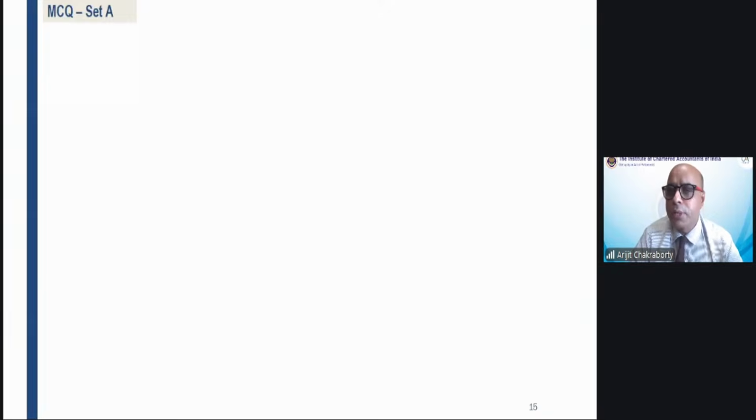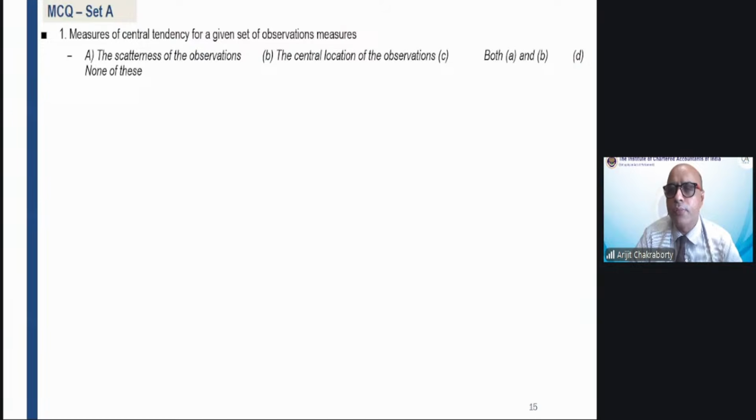Now we move to MCQ set A, questions from the set A of the chapter end exercises. The first one, measures of central tendency for a given set of observations measures what?